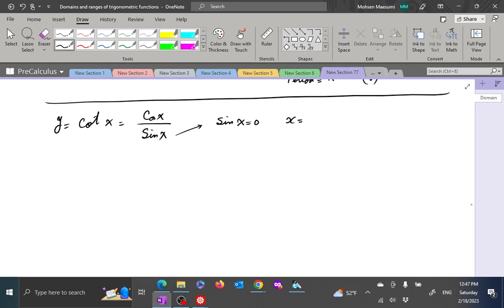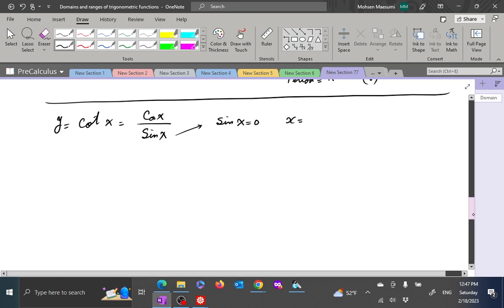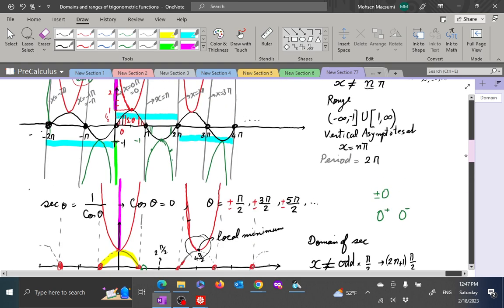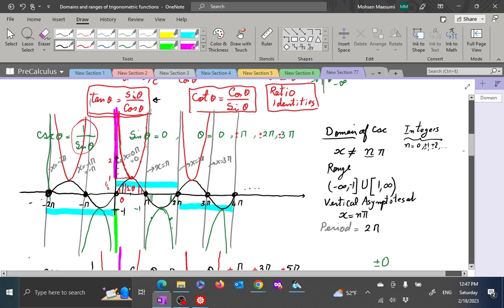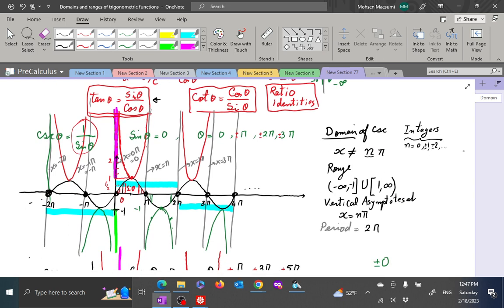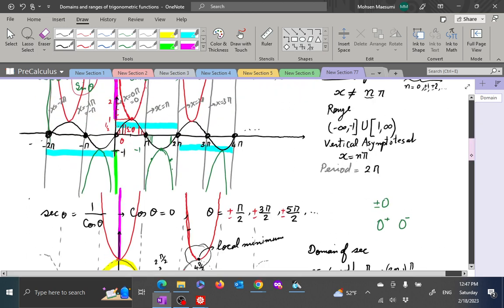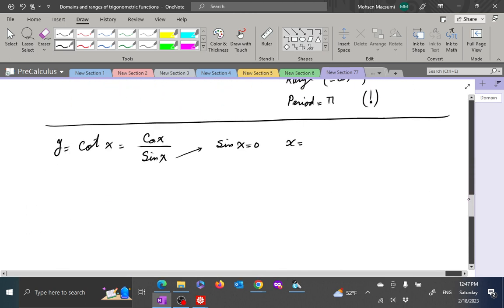We just saw that a minute ago when we described the sine. When sine is 0, exactly the same set of points are trouble spots for us, so we have to watch out for them. X is equal to n pi.